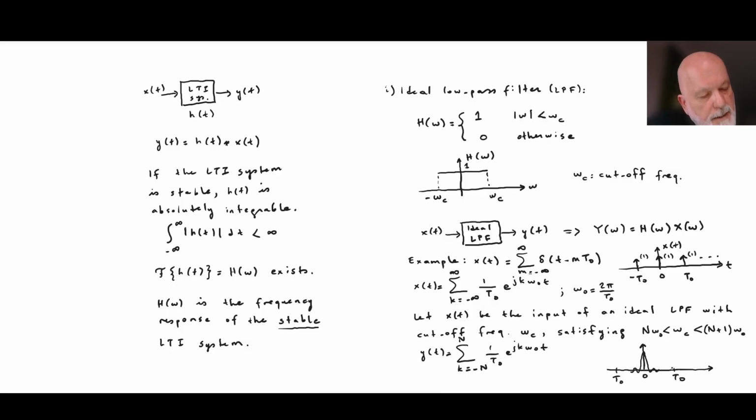And similarly at t0 we will have the main lobe and the side lobes, and at minus t0 we will have similarly a narrow main lobe and side lobes.